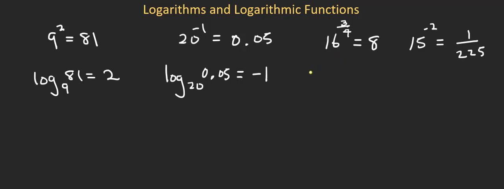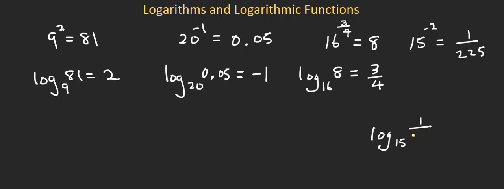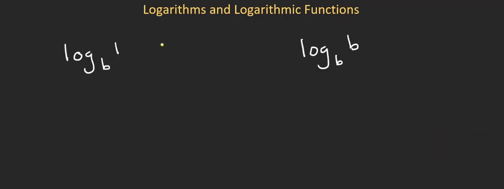What about this one? The base is 16 and the exponent is 3 over 4. So log base 16 of 8 is 3 over 4. What about this one? The base is 15 and the exponent is negative 2. So log base 15 of 1 over 225 is negative 2.